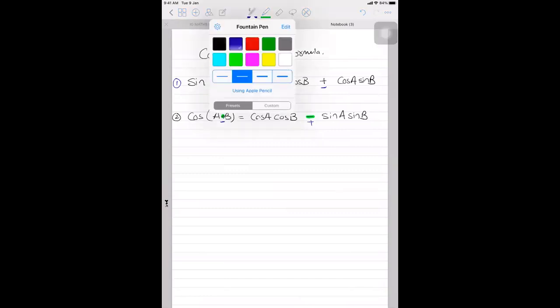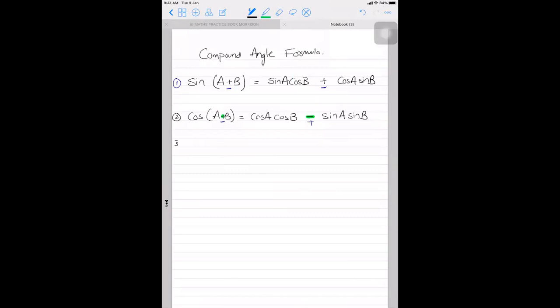Now the third is the tan of the compound angle A plus B. Tan of A plus B is equal to tan A plus tan B over 1 minus the product of tan A tan B. So if you have a plus sign on the left, the numerator is going to have the same sign, plus, and the denominator is going to have a negative sign.